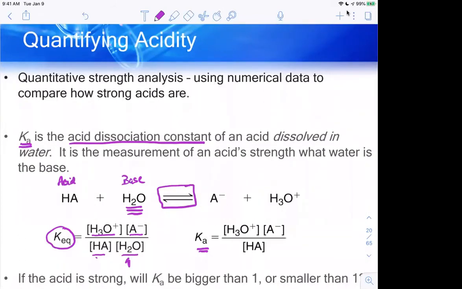Now this is a liquid and it's present in large amounts. I think pure water is something like 55 molar. So to go from the K equilibrium to the Ka, notice this has the concentration of water already accounted for.